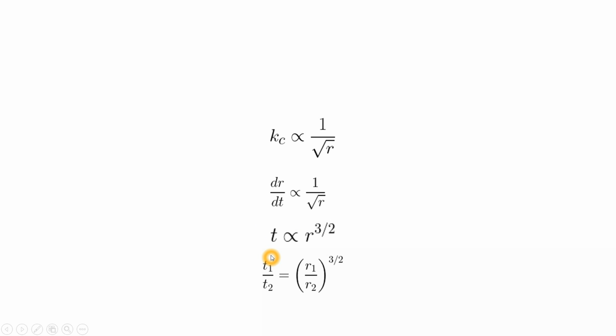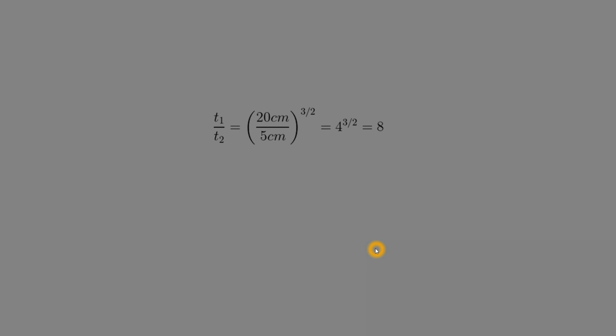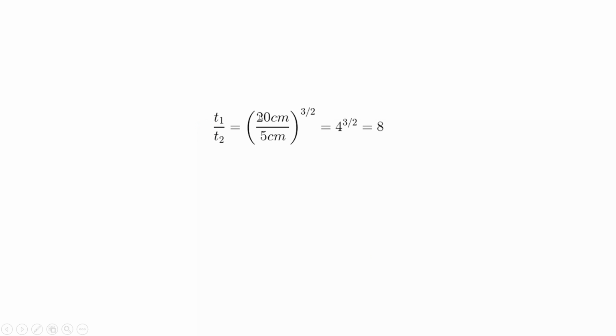For two camphor particles, T1 by T2 will be R1 by R2 to the power 3 by 2. R1 is 20 centimeter, R2 is 5 centimeter, so we will use these. From this we can see T1 by T2 is equal to 8. So this is the final answer.